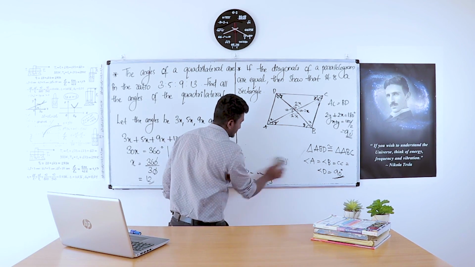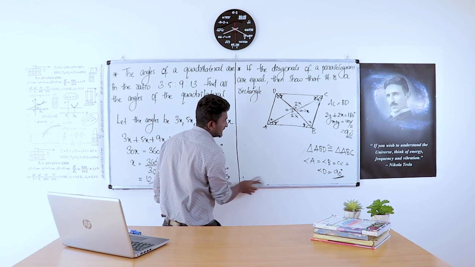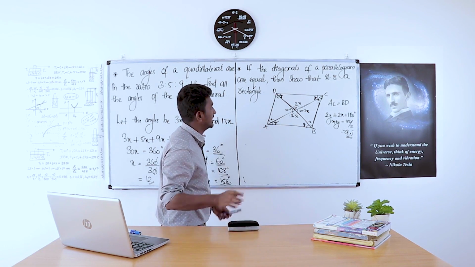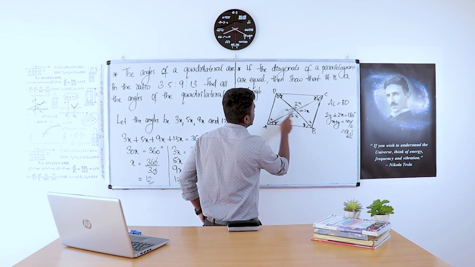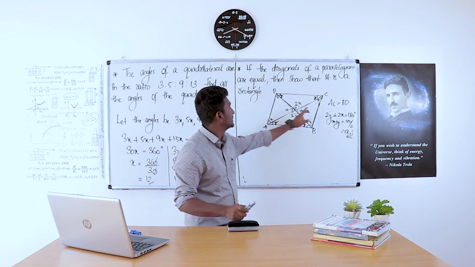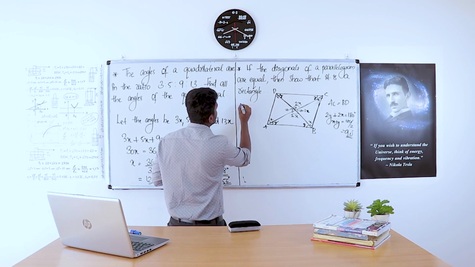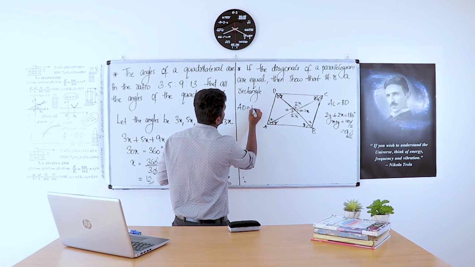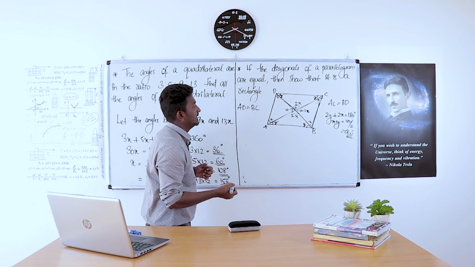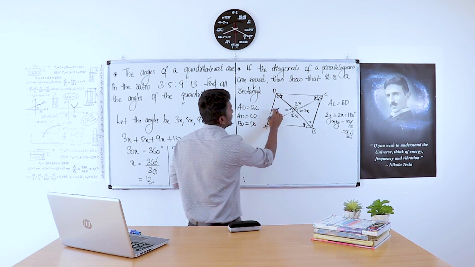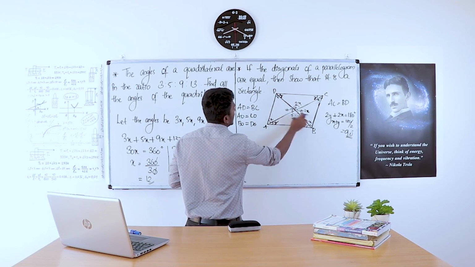So this is something more simple. This method is simple. How will we prove this? Just take first these two triangles. In these two triangles, opposite sides of a parallelogram are equal. Therefore, AD is equal to BC. Then we can say that AO is equal to CO and BO is equal to DO. Therefore, all the sides of these two triangles are equal.